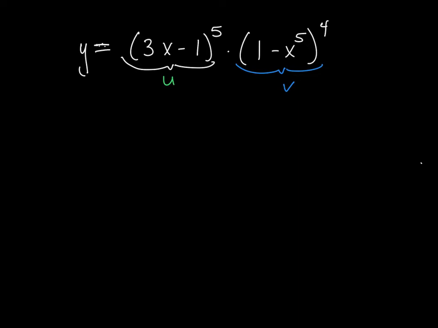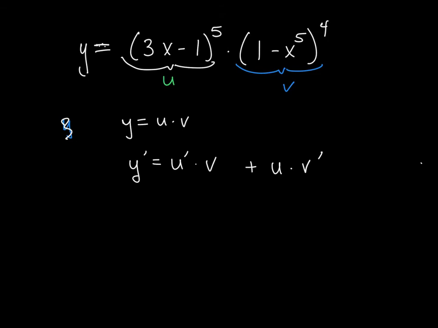So if you ever have a function where y is equal to u times v, then the derivative of y is the derivative of u times v plus u times the derivative of v, which is what we're going to do.